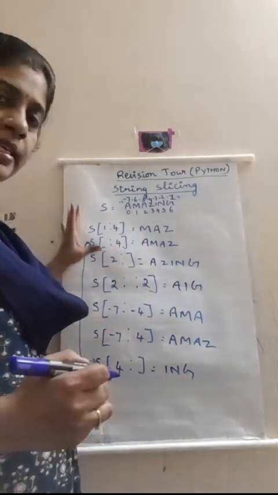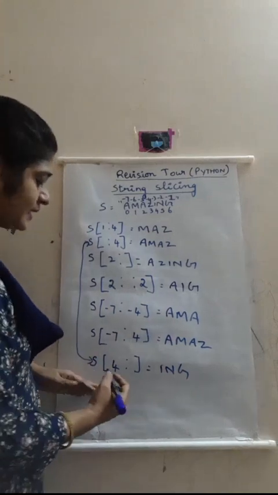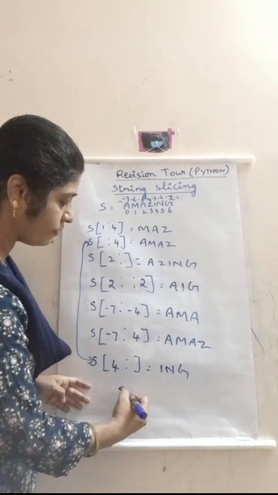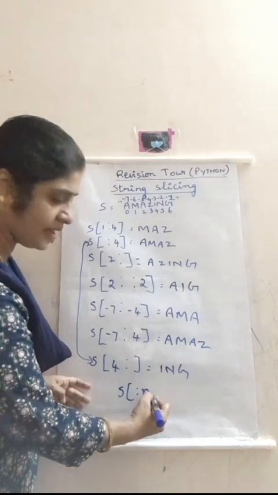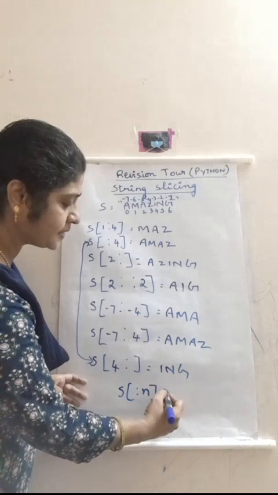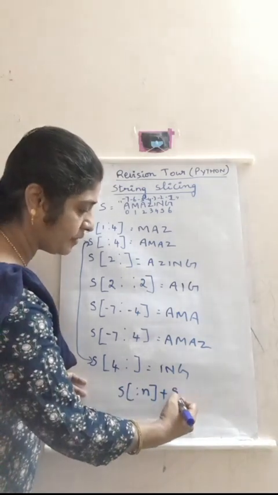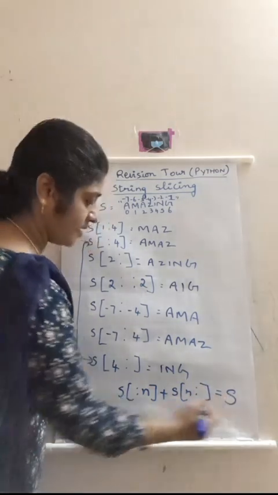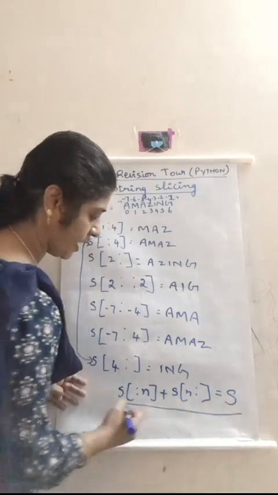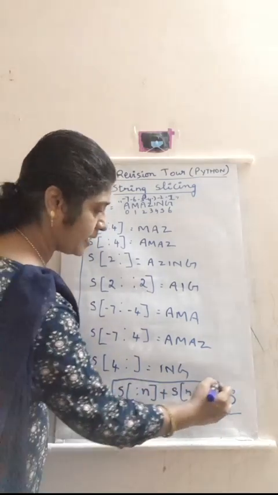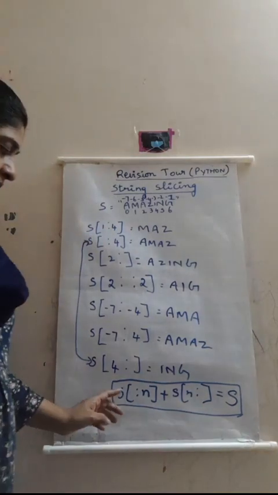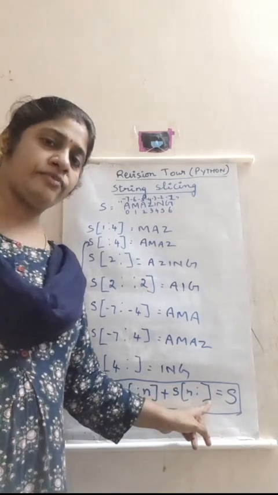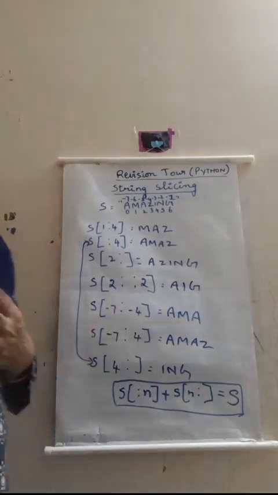So what you have noticed here is that for any value n, if you write s from 0 to n, and then from n to the end of the string, it will give you the whole string.